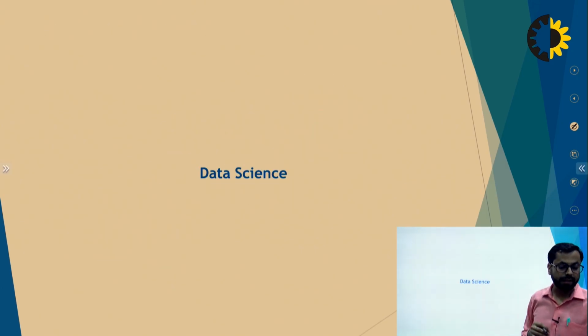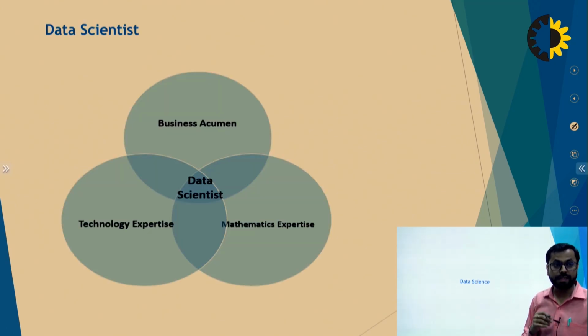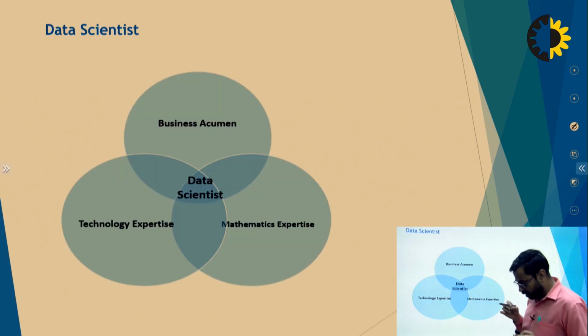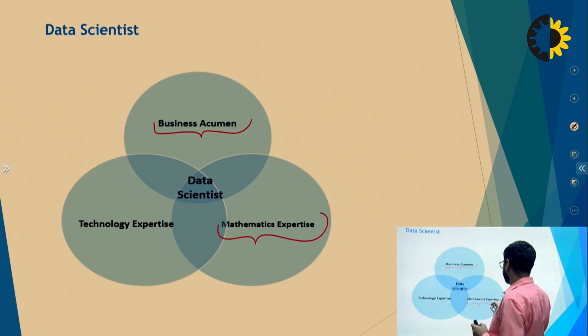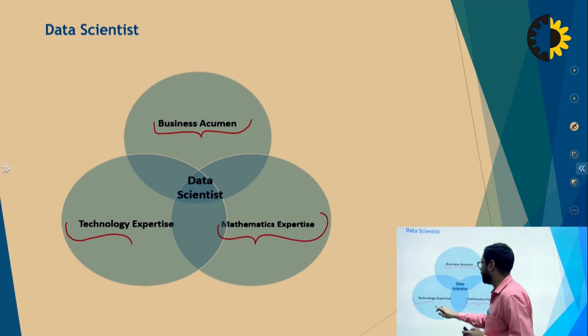So what is data science? Basically, data science is the combined, mixed form of business acumen, mathematical expertise, and technology expertise.